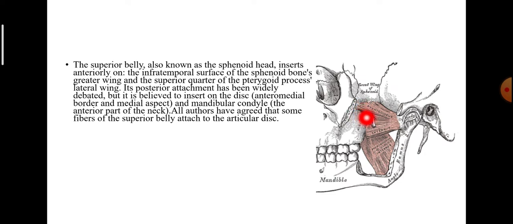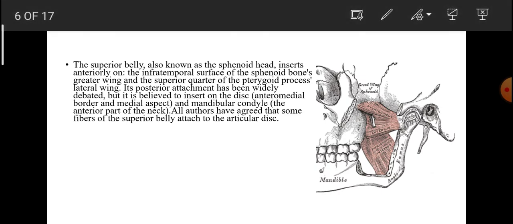Its posterior attachment has been widely debated, but it is believed to insert on the disc and mandibular condyle, the anteromedial border and medial aspect of the disc and mandibular condyle, the anterior part of the neck of the mandibular condyle. All authors have agreed that some fibers of the superior belly attach to the articular disc as well.